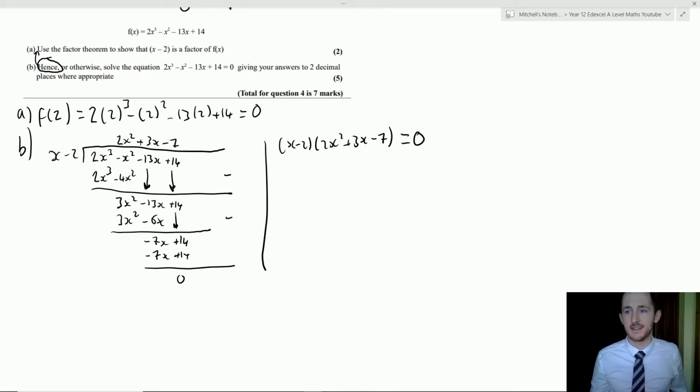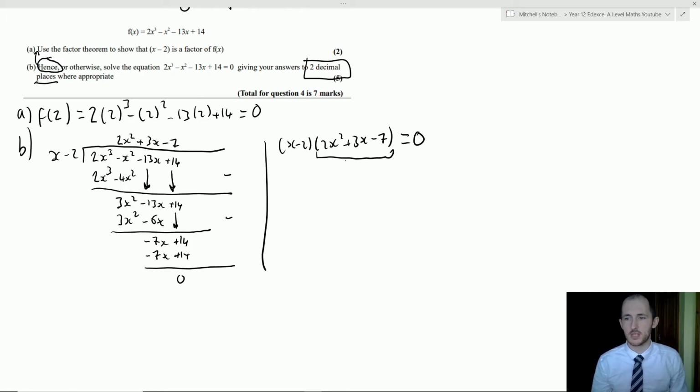Now they give us a hint. 2 decimal places. So I know I can't factorize this, right? Because it's going to give me a decimal. So what can I do instead? Well, what I can do is if this bracket here equals 0, then the whole thing equals 0, right?